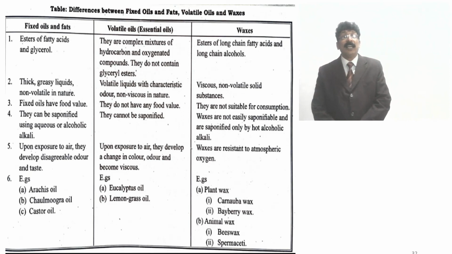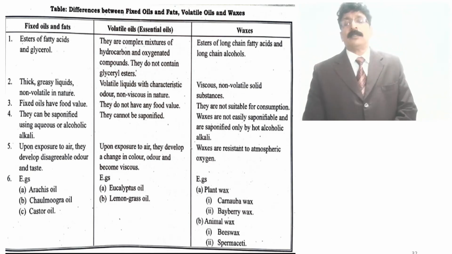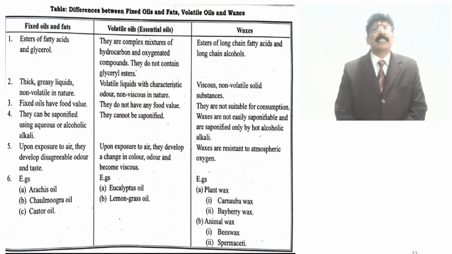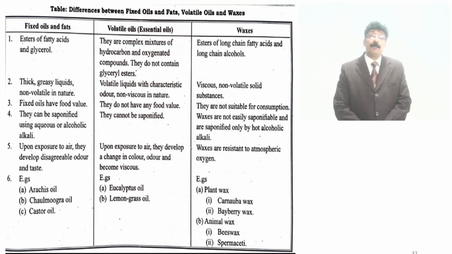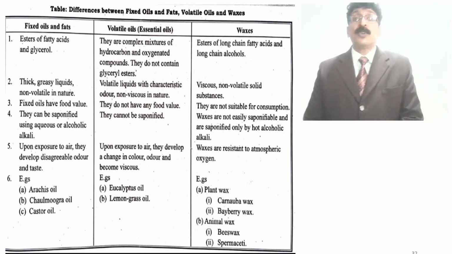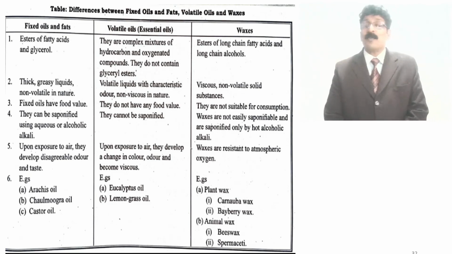Here, heating is needed. Number five, upon exposure to air, fixed oils and fats develop a disagreeable odor and taste. Volatile oils develop a change in color and odor and become viscous. And waxes are resistant to atmospheric oxygen.